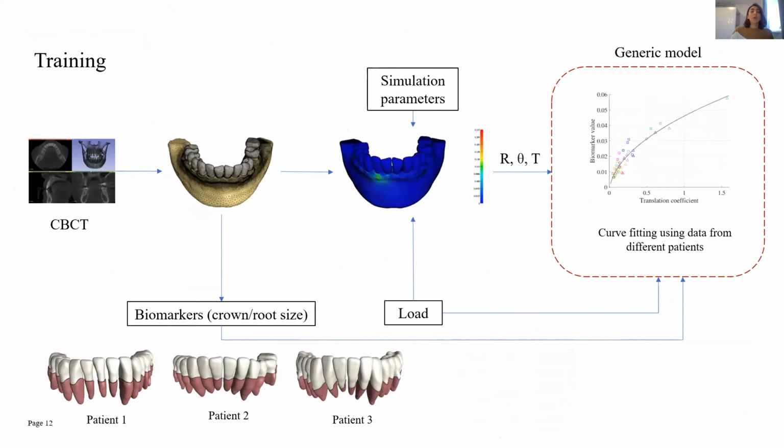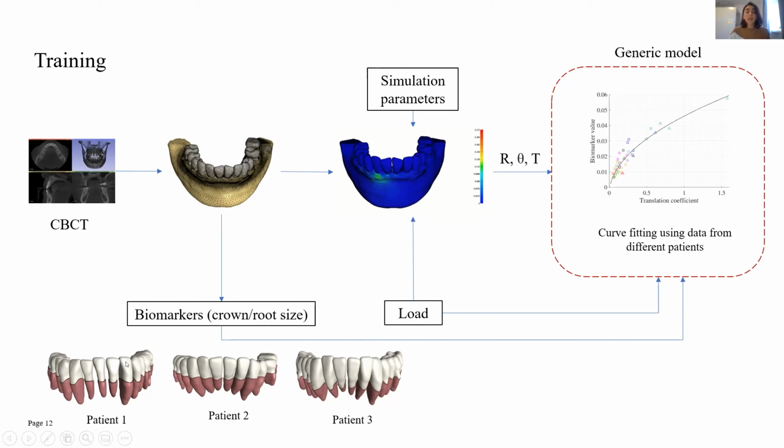So if I want to show an example of how we can provide a generic model, we can set up a parametric model by using our simulation results of several patients, and also using the loading conditions that we have used in our simulations, and also consider the biomarkers such as crown height, root lengths, and in general their sizes.